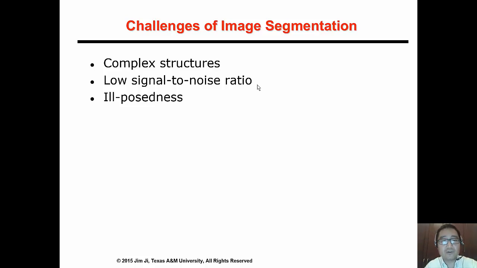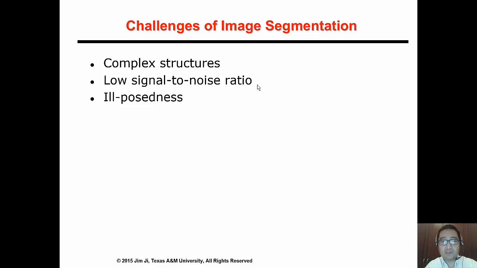Unlike a natural photograph where you try to segment an animal or a car or a building, in biological tissues the shape of the organ that you try to segment is often very complex. Also, the signal-to-noise ratio is often limited, and the problem therefore is sometimes ill-posed.